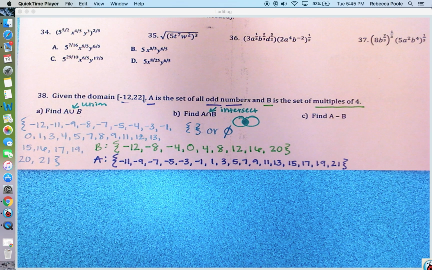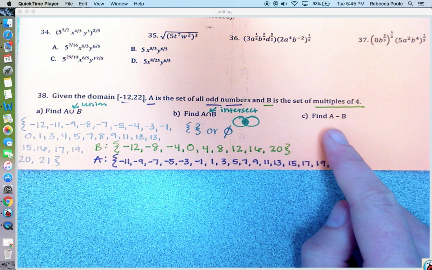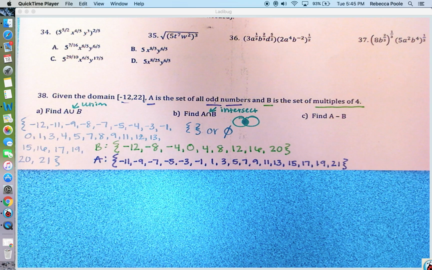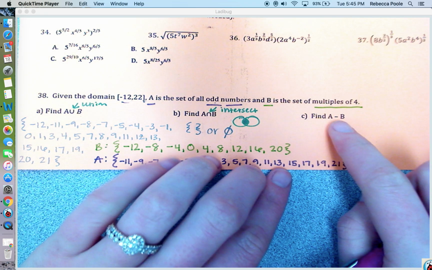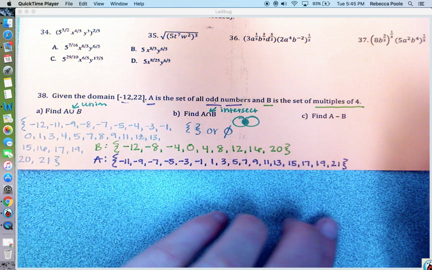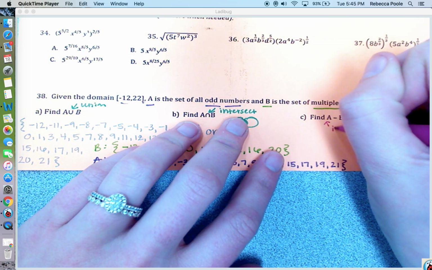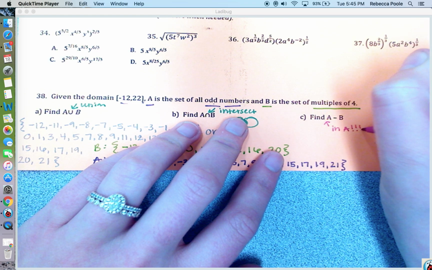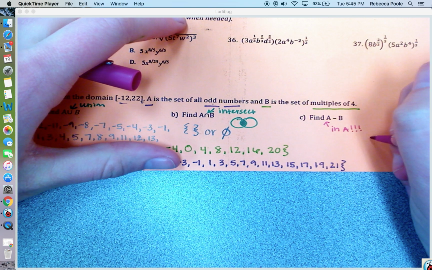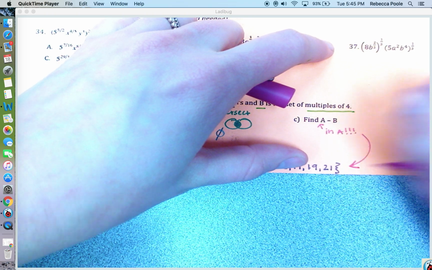All right, so for the last one, part C, we're finding A minus B, or the difference of A and B. So what I'm looking for are numbers that are in A. So remember, it has to be in A, so I am only looking at my bottom list.